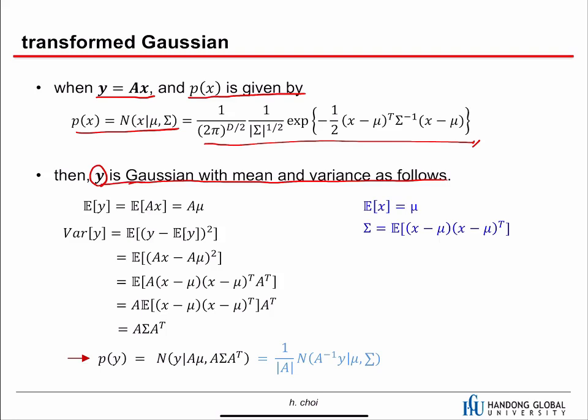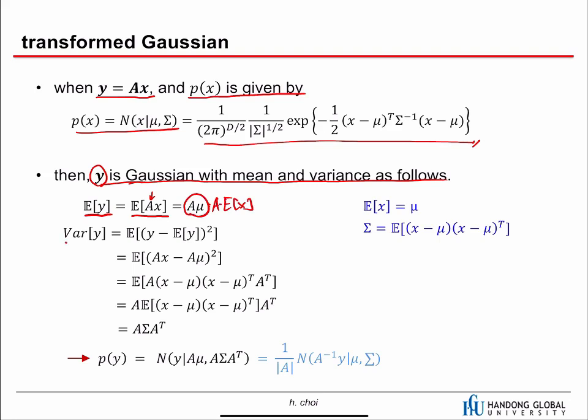And then let's calculate the mean of y. So the expectation of y is actually the expectation of Ax, and A is a constant, so it is actually A times the expectation of x, which is A mu.